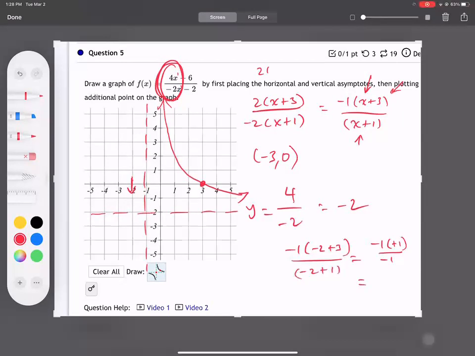Is that right? Well, x is -2, y is +1. I don't think that's right. Did I mess up someplace?